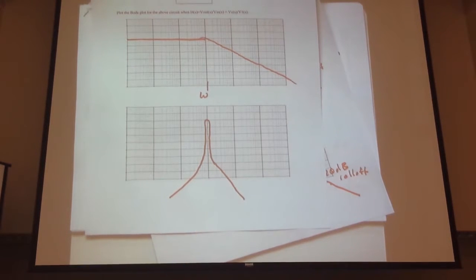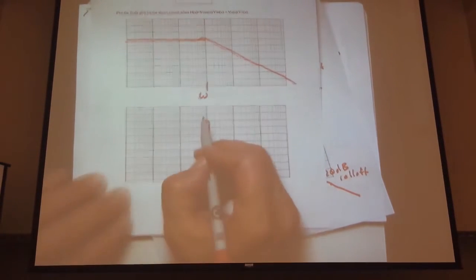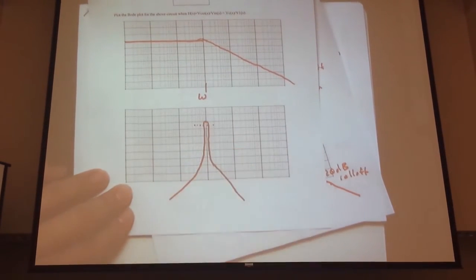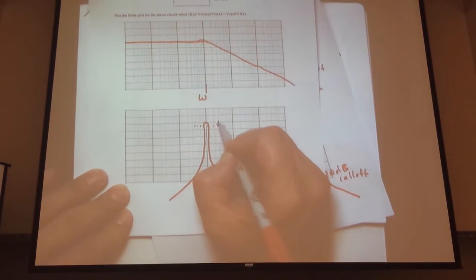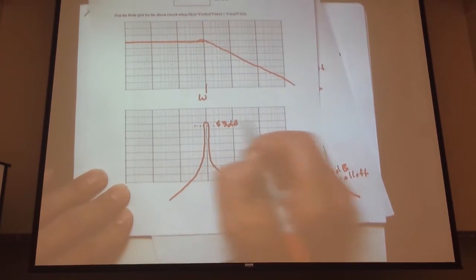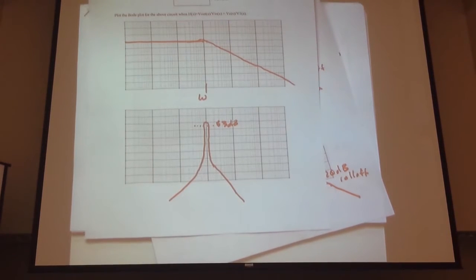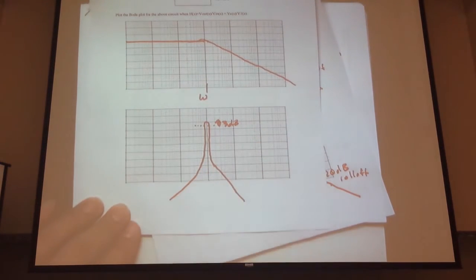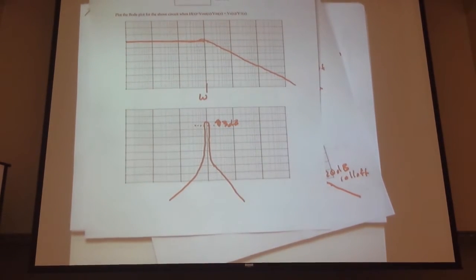Within the limits of my artwork, we get a fairly narrow 3 dB passband range. That's 2 arrows on both sides, so that would be a very narrow band pass filter, which is usually what you would build.